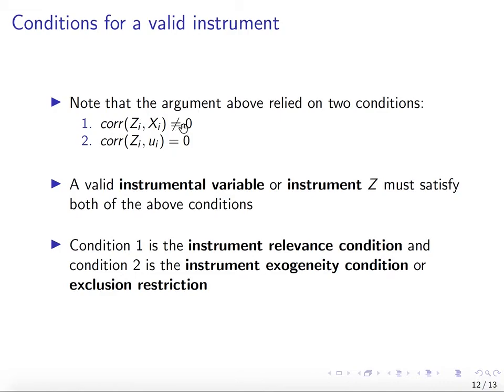The first requirement here is going to be the relevance condition. An instrument is relevant if the correlation between that instrument, that exogenous variable, and the endogenous variable is different from 0. Let me say that again in the context of rainfall. Rainfall is a valid instrument if it changes crop yields.